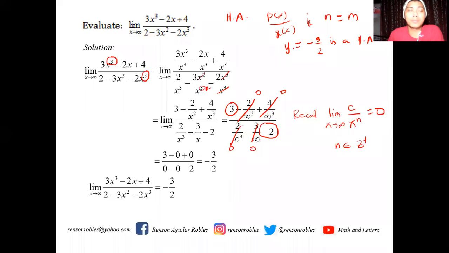And that confirms that whenever x approaches a very, very large number, f of x will approach negative 3/2. This is the definition of the horizontal asymptote.